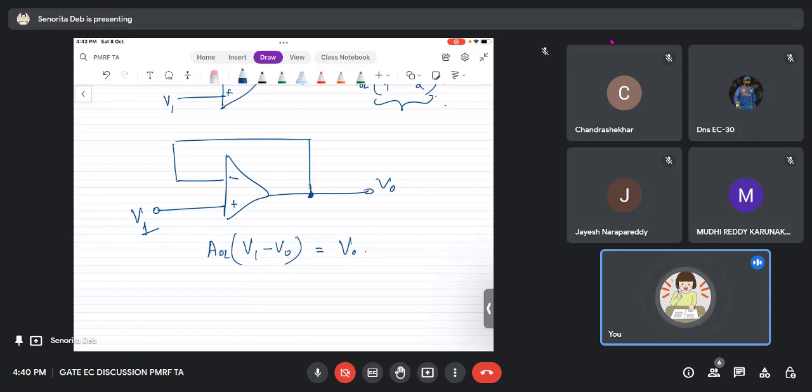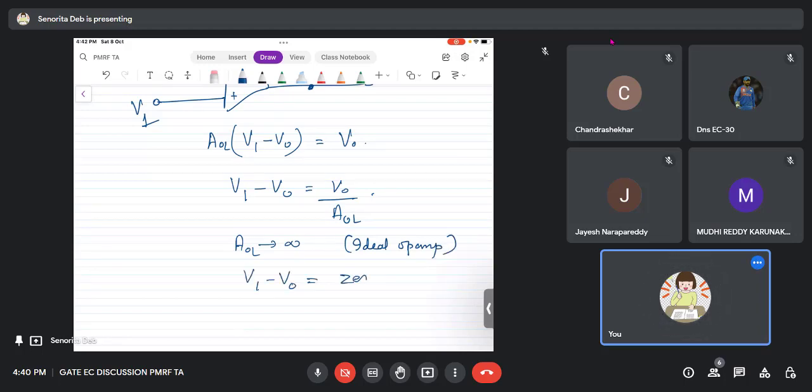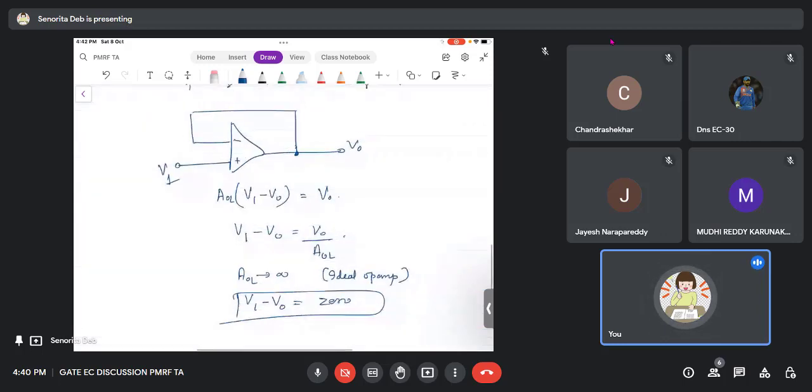If you see now, V1 minus V0 is nothing but V0 by AOL. Therefore if AOL is infinity, as with an ideal op-amp, the error is 0. So you have successfully passed the input to the output. There is no error.